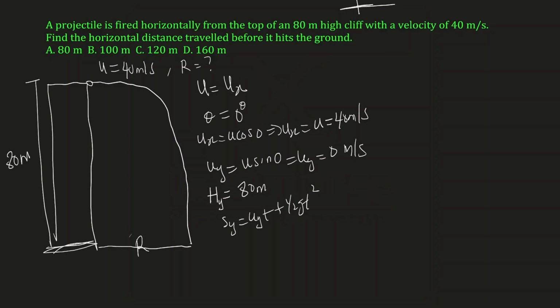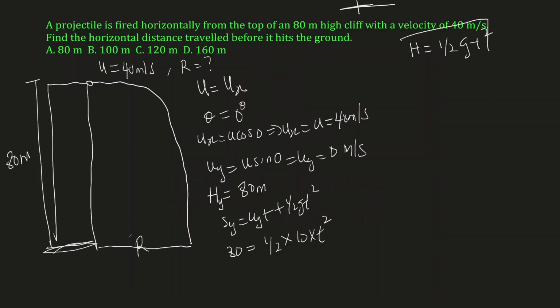So sy, which is h, is equal to 80. uy is equal to 0, so 0 times t is 0, so I'm going to leave it that way. Then plus half g t squared, 1 over 2 times, let's take g as 10, times t squared. In fact, take it as a rule that when an object is projected horizontally from the top of a height, the height of that tower, or the height of where it is projected from, can be calculated as half g t squared.